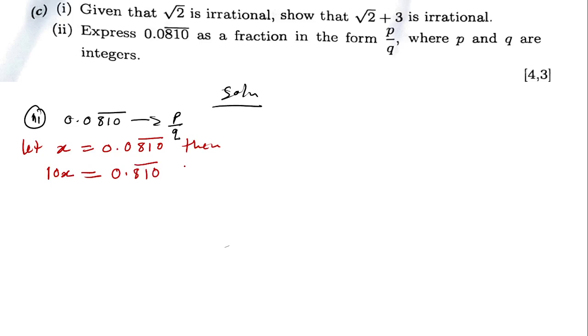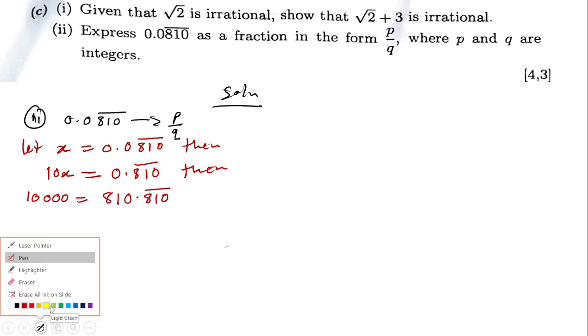Then you're going to count everything after the decimal point: 1, 2, 3, 4. So you're going to put 4 zeros, 10,000x is equal to 810.810 bar.